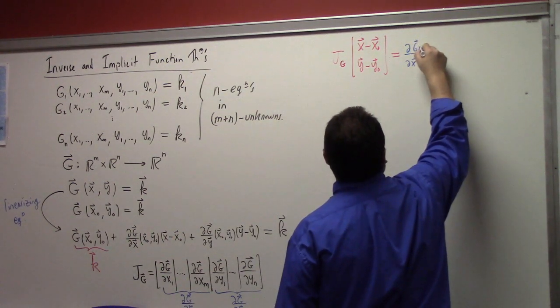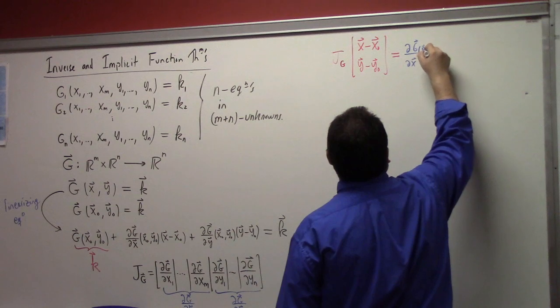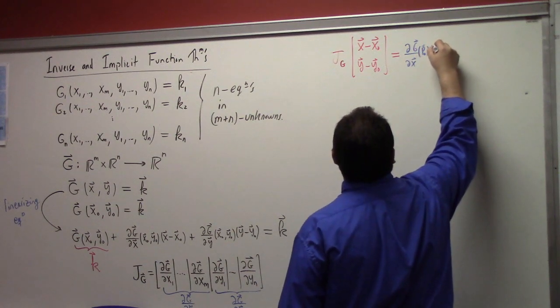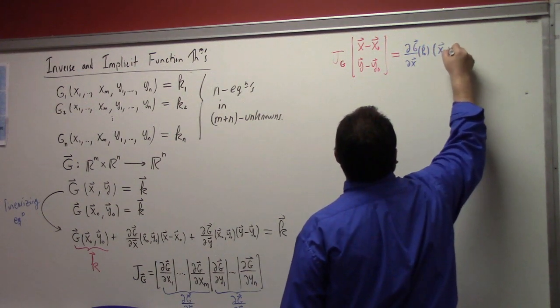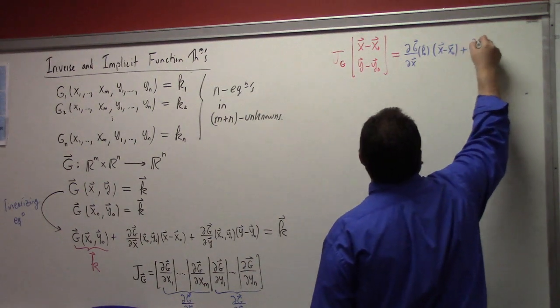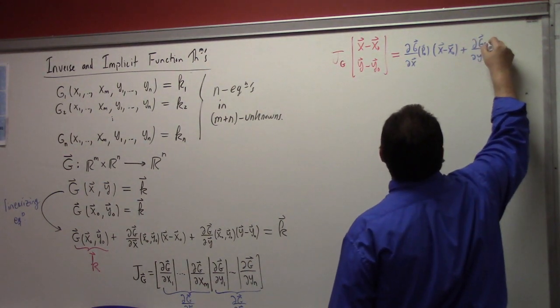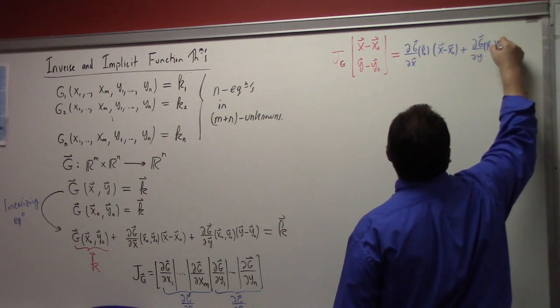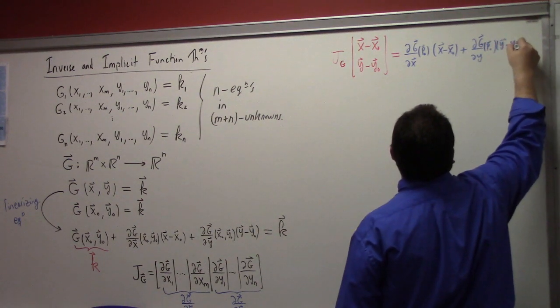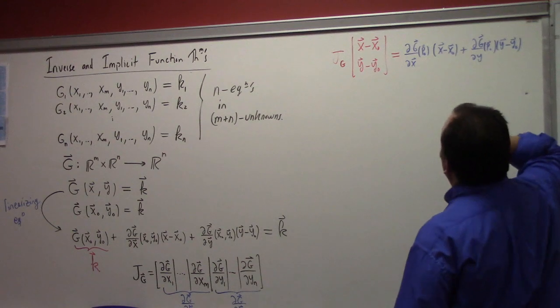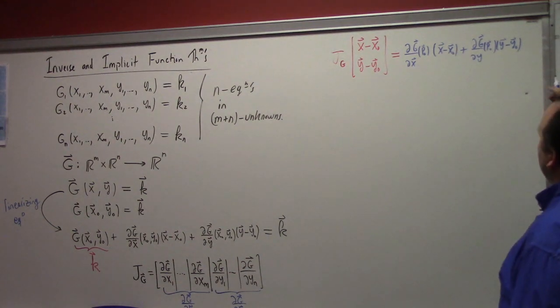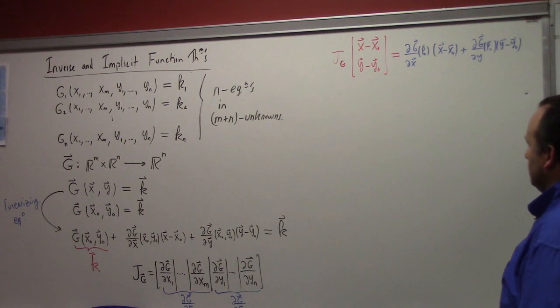So this is at the point, times the x minus x naught vector, and then plus partial g partial y at the point times the y minus y naught vector.